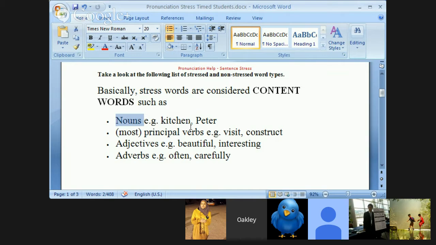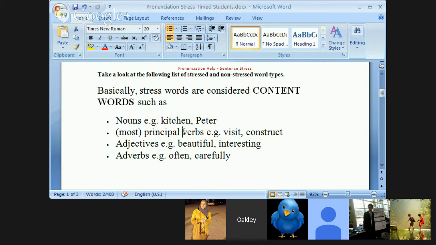Person, place, or thing, basically, or a specific idea. Words like freedom, that's actually a noun, right? An abstract noun, that's right. Concept. Okay, very good.